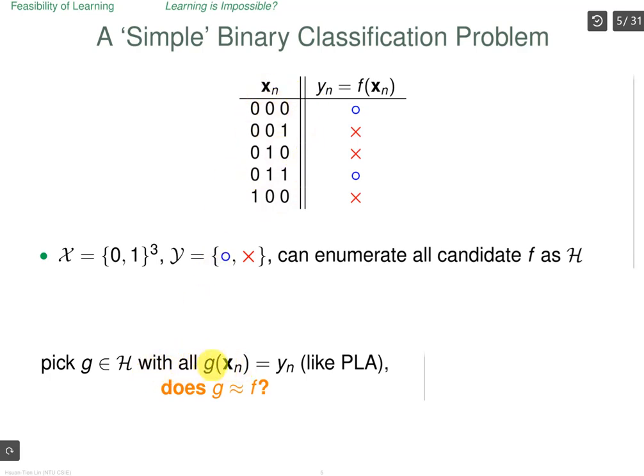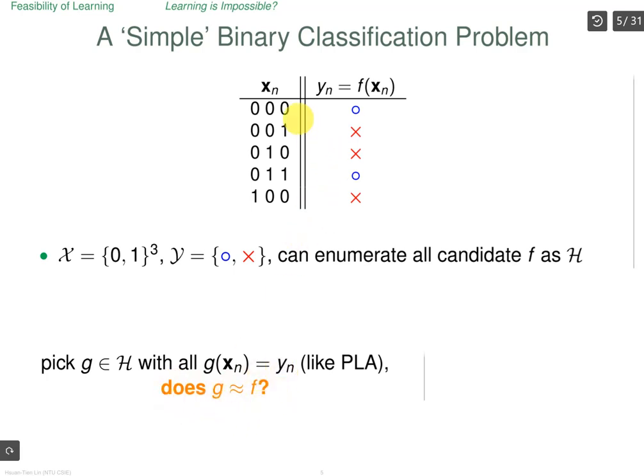You make sure that your final selected perceptron agrees with all given true answers or labels for each example. And then the main question is, does g approximate f? How can we guarantee?